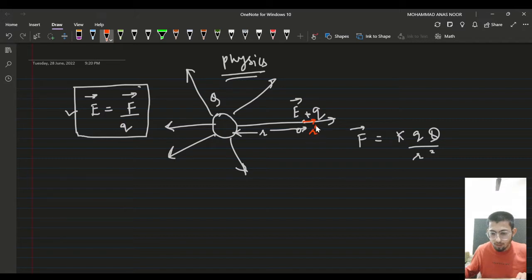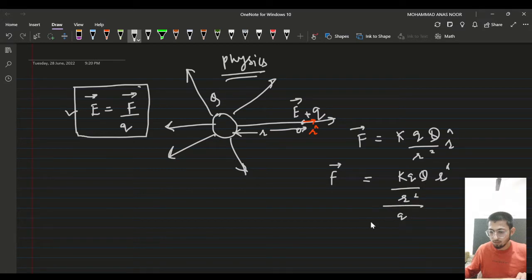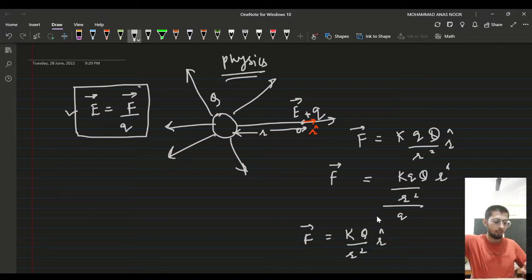Now to find electric field, we just divide this force by this charge where we want to find the electric field, correct? So this would be F is equal to K Q q r cap divided by r squared, divided by q. So that comes out to be K Q upon r squared r cap, correct?